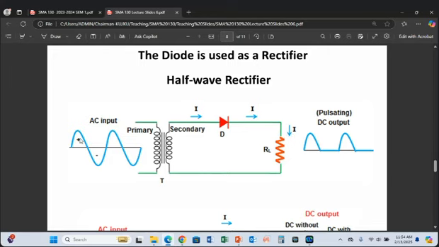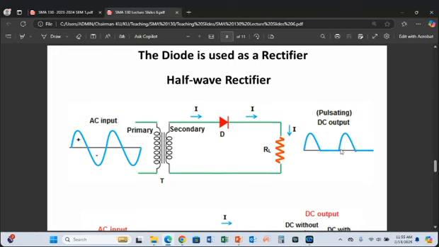A single diode is connected there, and there's a load where current is passing through. This AC voltage, at some point it is positive and at some point it is negative. So we say there is reversal of direction of current: current in the positive direction, current in the negative direction.